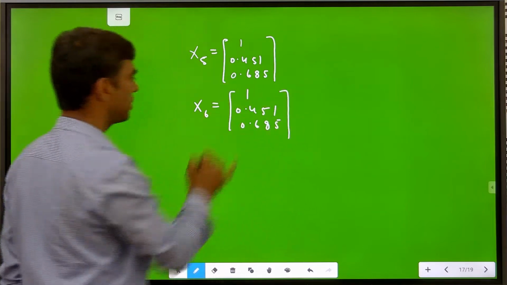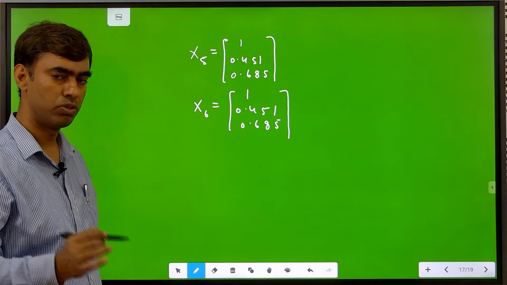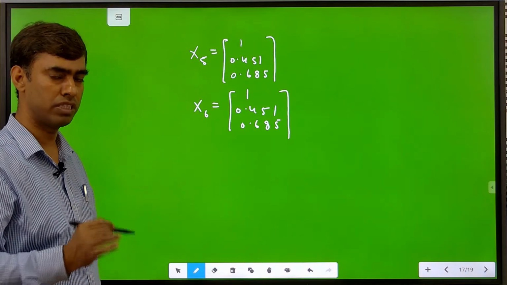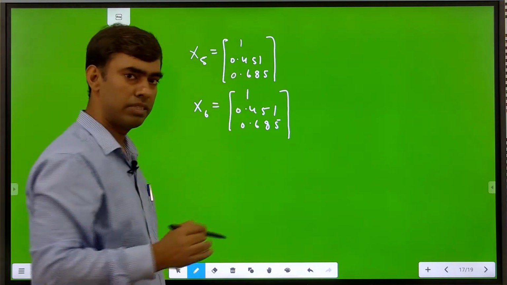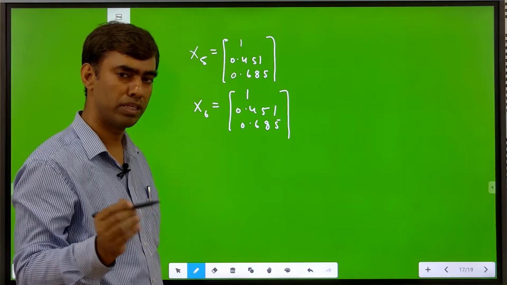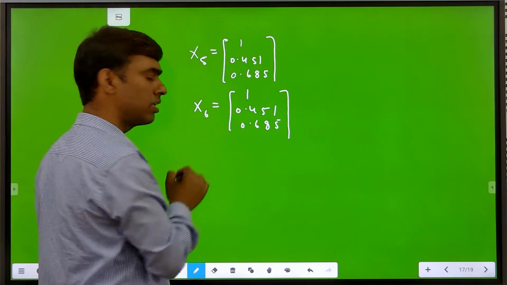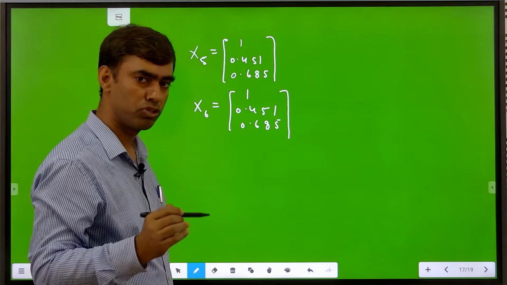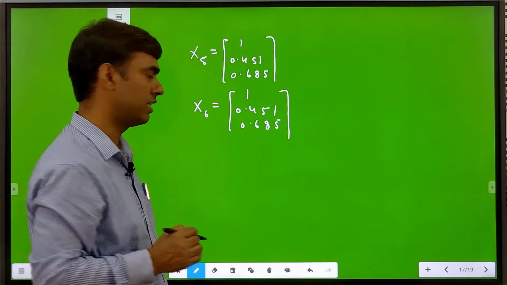Now x5 and x6 have the same values. So we stop our iterative process here, because in two successive iterations we found the same eigenvector. So this is our approximate eigenvector corresponding to the numerically largest eigenvalue.